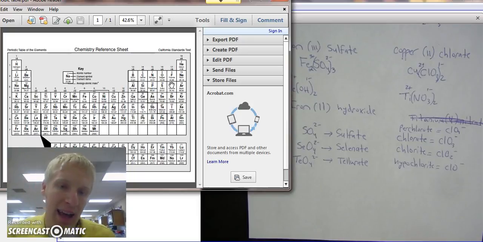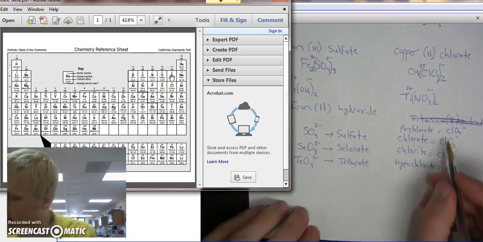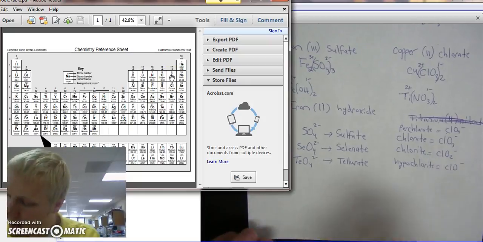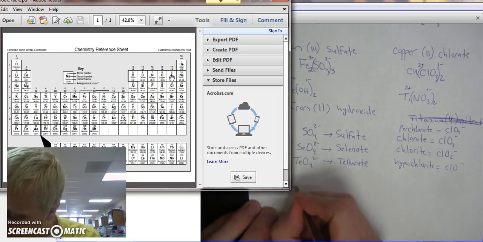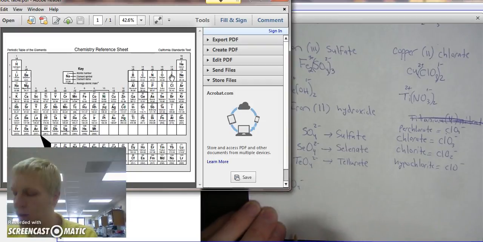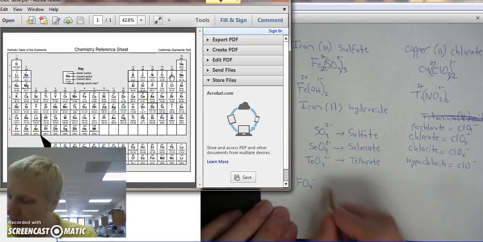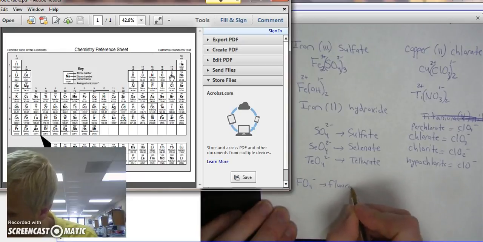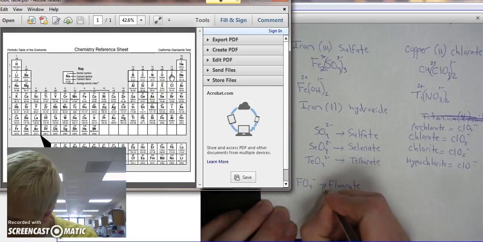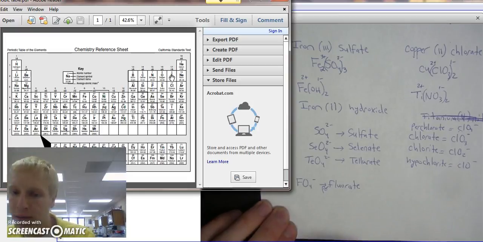What is going to happen when you have F in place of chlorine is you're going to have the same naming pattern. So if you have FO4 with a minus charge, that is perfluorate.